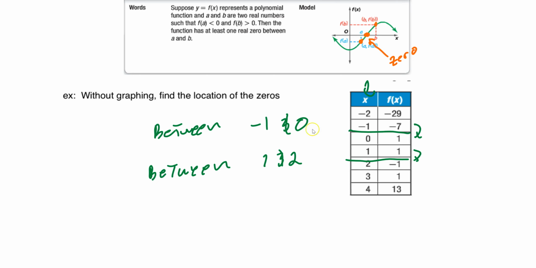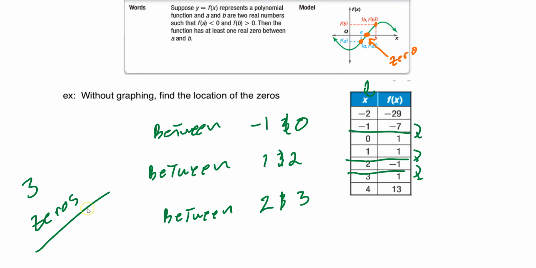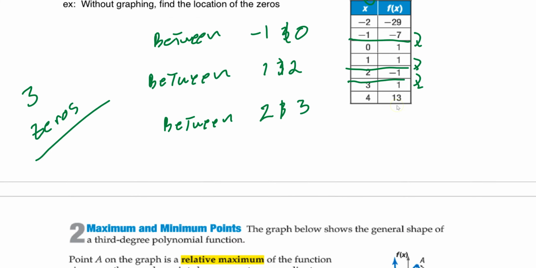It happens between 1 and 2. And then it goes, so again, positive, positive, negative, positive. It switches really quickly again. So there's 1 between 2 and 3. So this one has 3 zeros. Right, so really easy way to check is if you have a table, just look at the sign changes. And that's going to come up a lot, especially in calculus. You want to look at the sign changes. Those are your zeros. Okay, let's move on.